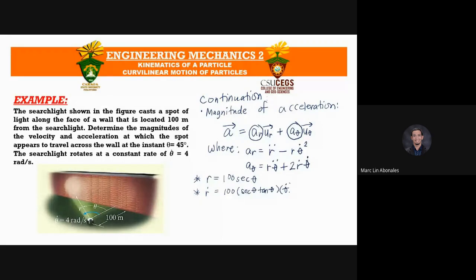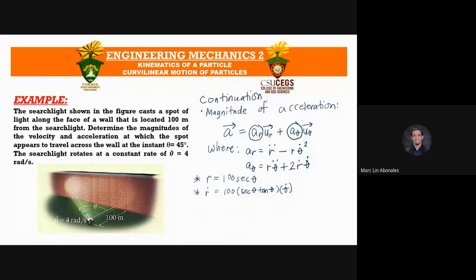So we just determine unsang iyang second derivative na pod. So mao ni iyang r double dot, mao ni iyang second derivative. Kung naka meters ang iyahang unit, i-derivative nato with respect to time, from velocity mahimo na siya acceleration. So ang unit nato for r double dot would be in meters per second squared.